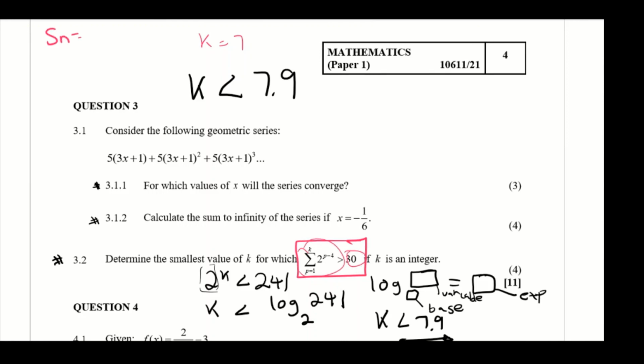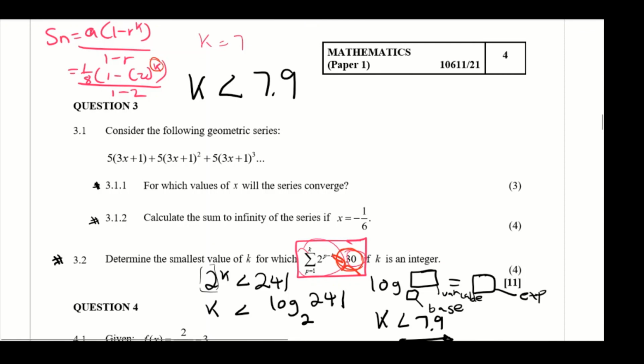So what do I mean? You have your sum formula, which is equal to a into (1 minus r^k) over (1 minus r), and we said this is 1/8 into (1 minus 2^k) over (1 minus 2). So you can test it in this formula here. Put your value of k here, maybe 7, and see if it's going to give you a value that is greater than 30, which is what's required basically.